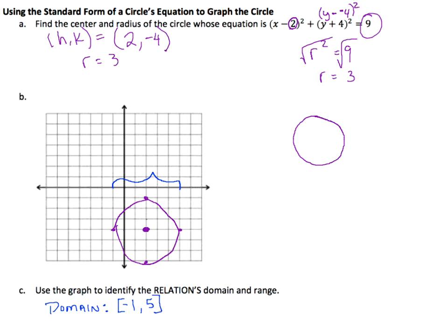The range is the exact opposite. It's your y-span. So my range. Remember, you state it in number line order, so least to greatest.